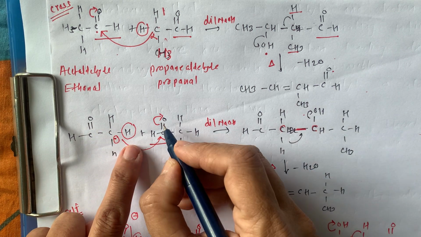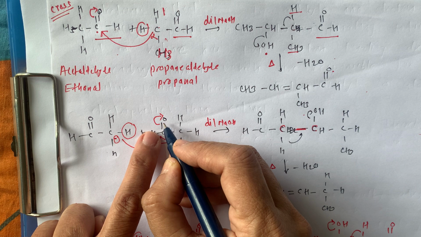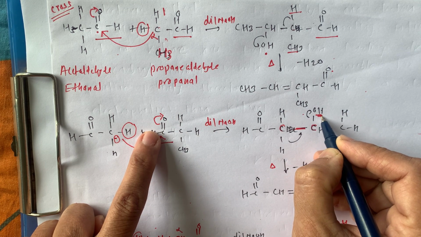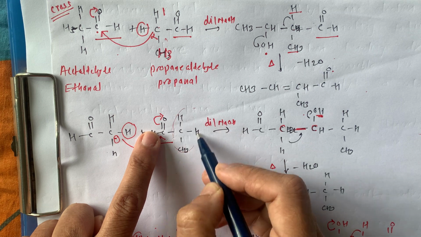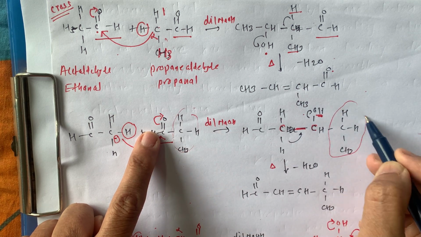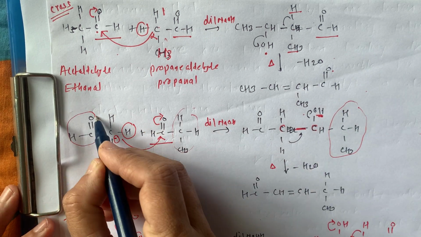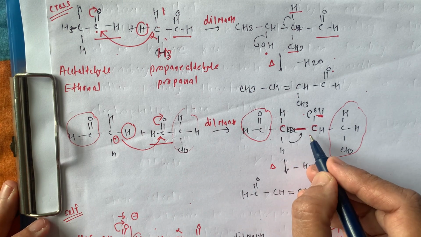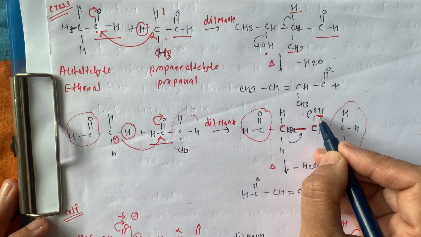And this C double bond O is going to convert into OH. The remaining part is as it is.